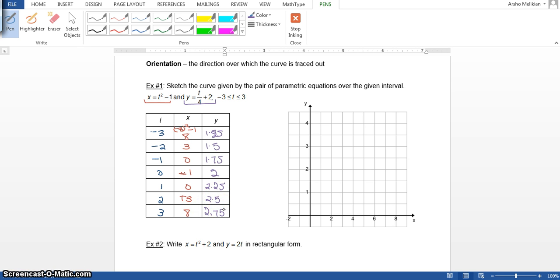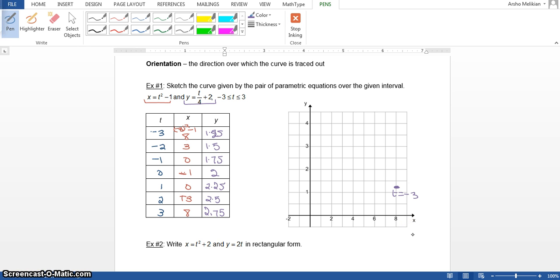Now, we're going to transfer this onto our graph. The axes here are x versus y, so we're going to graph x versus y, not t. So when x is equal to 8, y is equal to 1.25 here. At what point does this happen? When t is equal to -3. So now I have all this information in that one point.